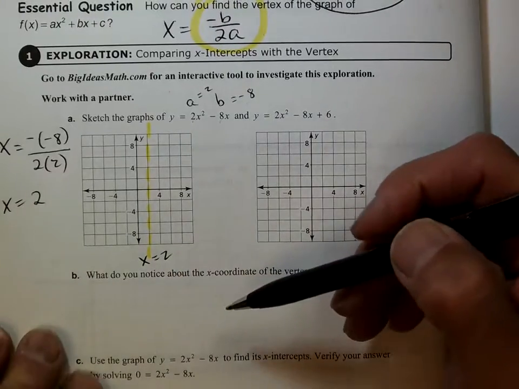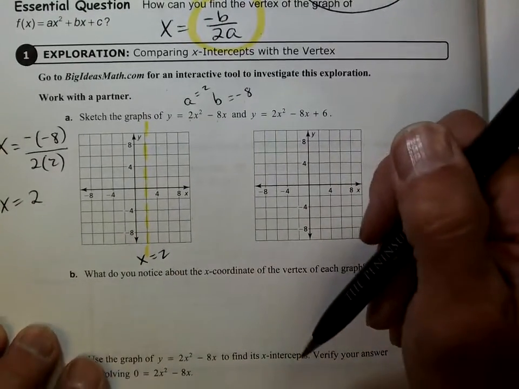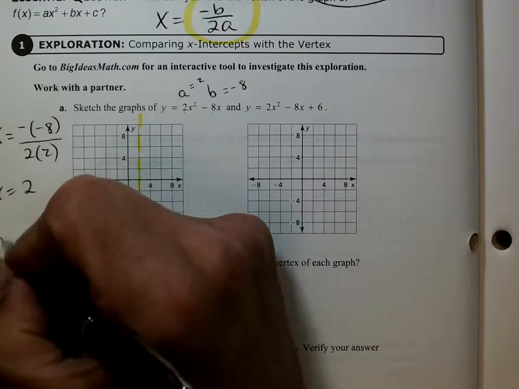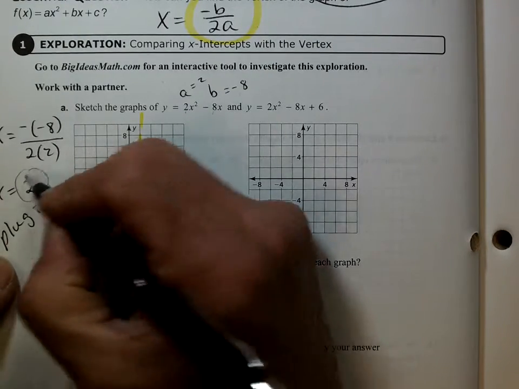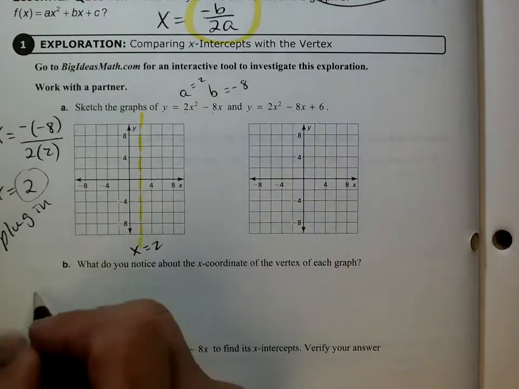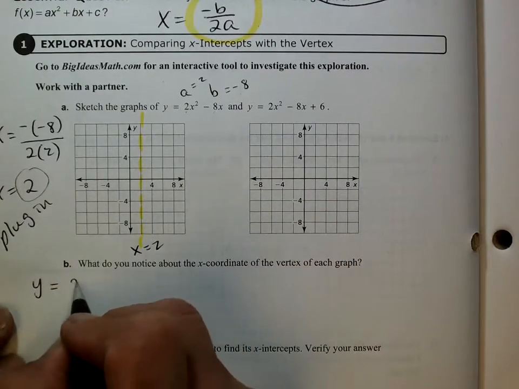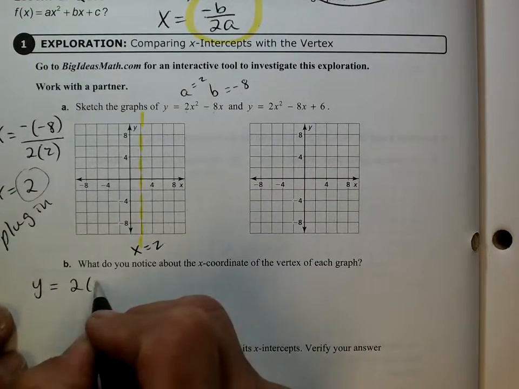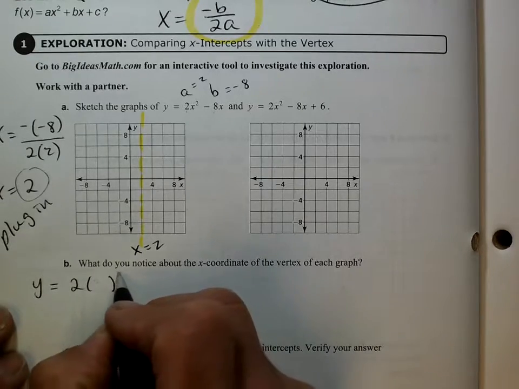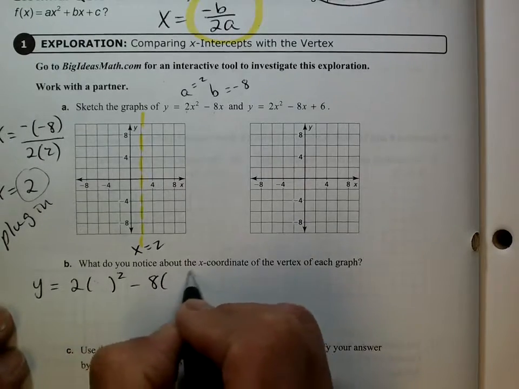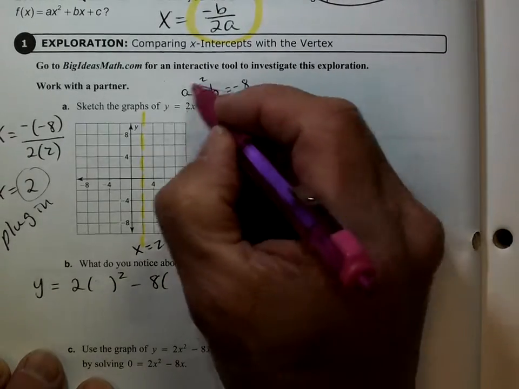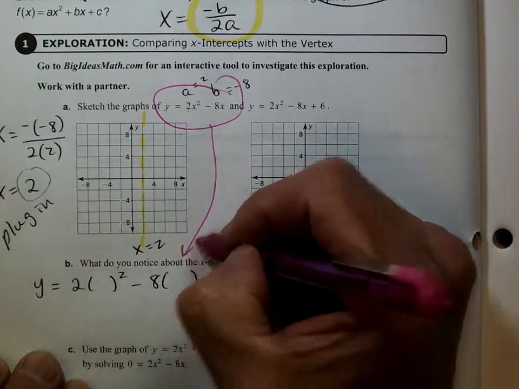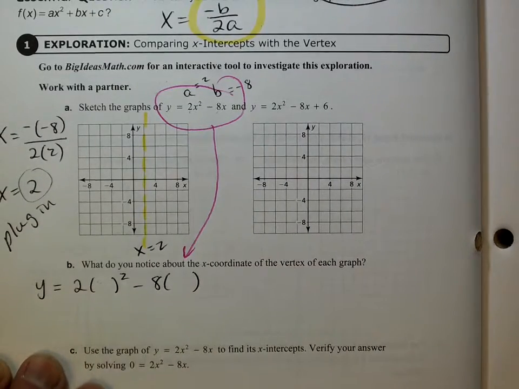So to get its corresponding y value, I know you guys are tired, I'm going to plug in my x equals 2. Let's go to the original equation, which was y equals 2 times x squared minus 8 times x.